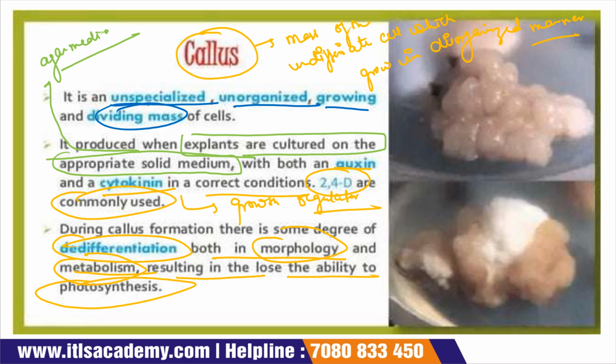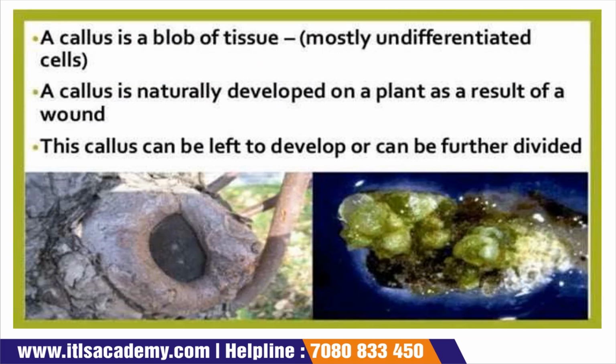Now the next point: callus is a blob of tissue, and this blob of tissue is mostly undifferentiated cells.